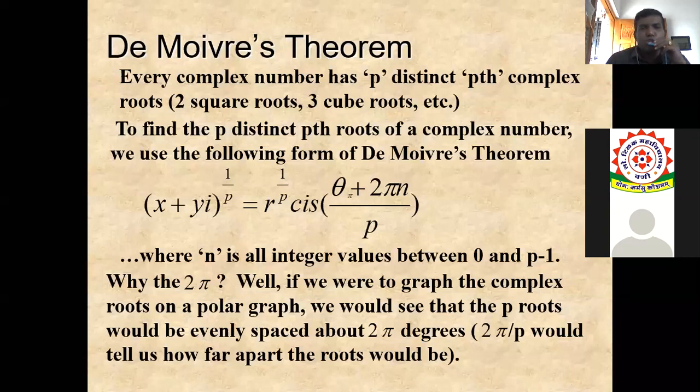The period of cos and sine is 2 pi, that is 2 n pi. So if we replace theta by theta plus 2 n pi, it remains unchanged. So we replace the angle by angle plus 2 pi n.